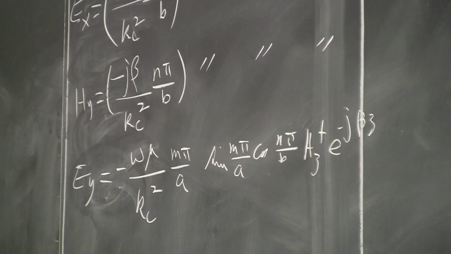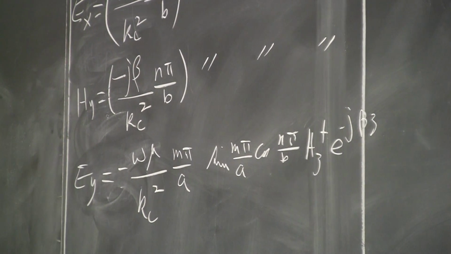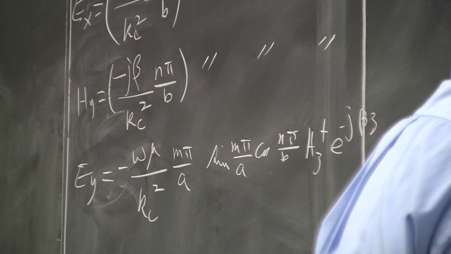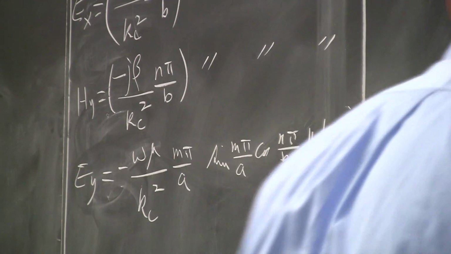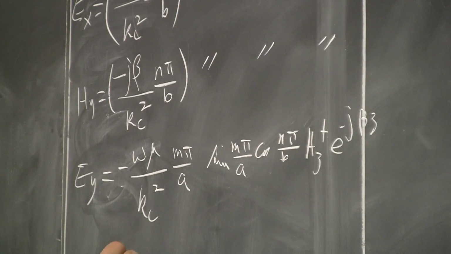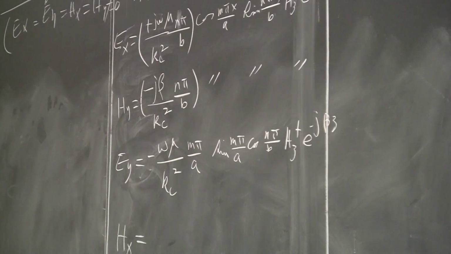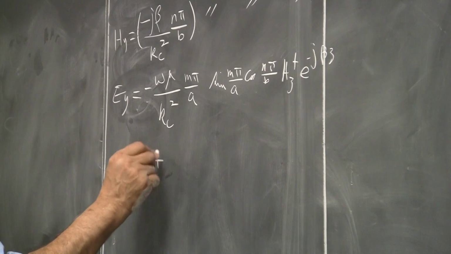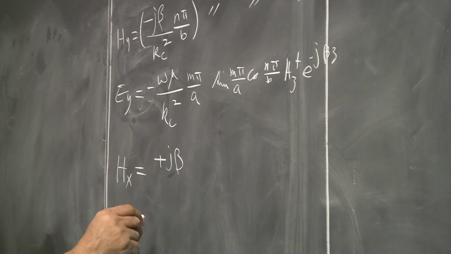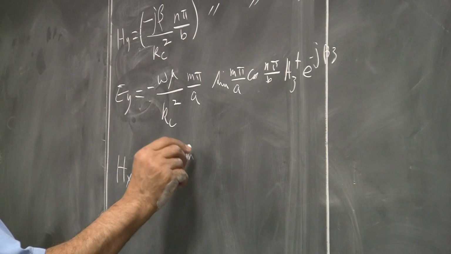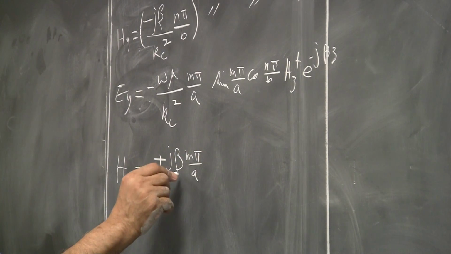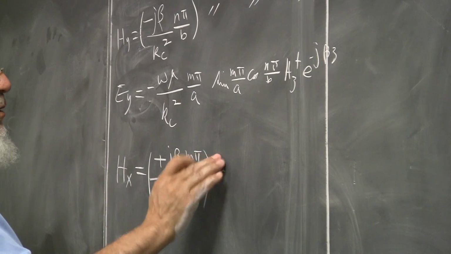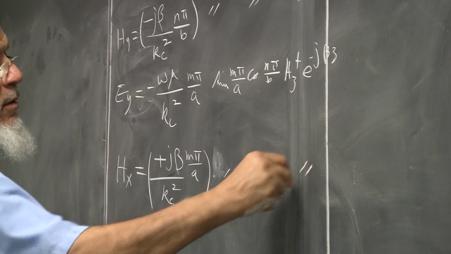And finally the Hx, what do I have? I have a minus j beta, so I have a plus j beta because the derivative will give you a minus, m pi over a again, and k sub c squared, sine, cosine, exponential.